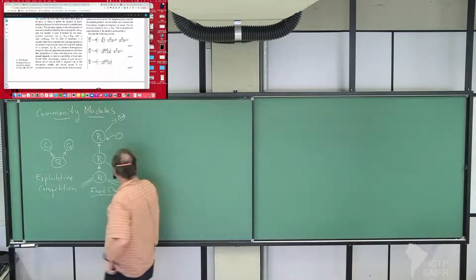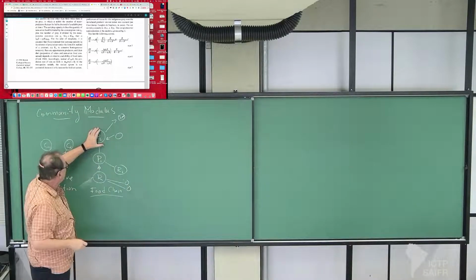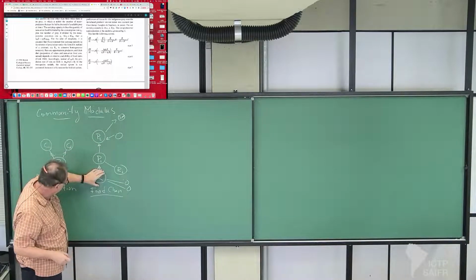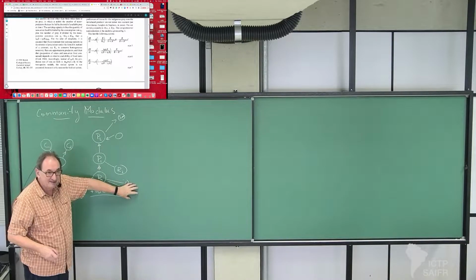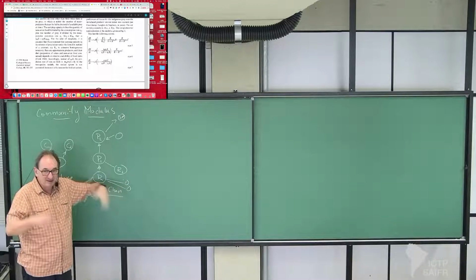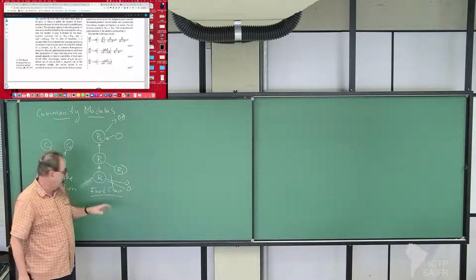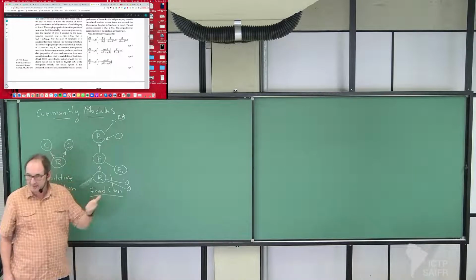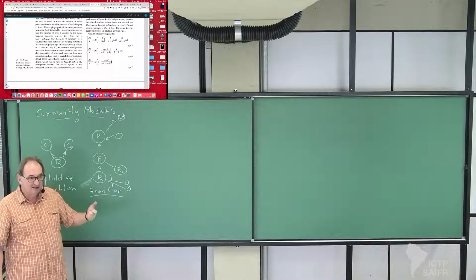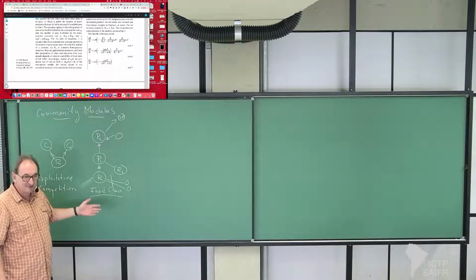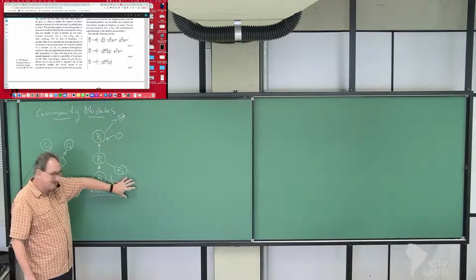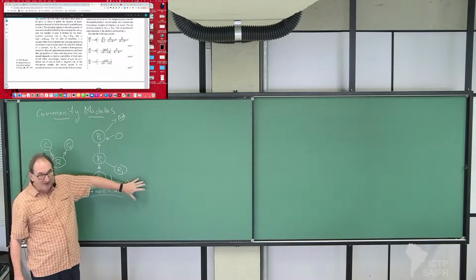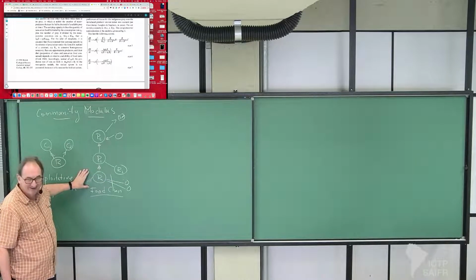Then I could simply say, this guy here feeds on something I don't want to put in the model, and therefore I will make this guy have an intrinsic growth rate, and with some carrying capacity. The intrinsic growth rate and the carrying capacity take into account all the rest which interacts with this guy.